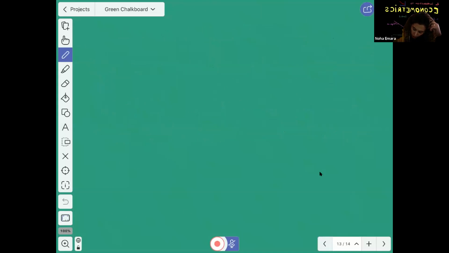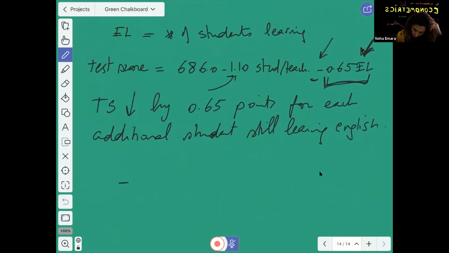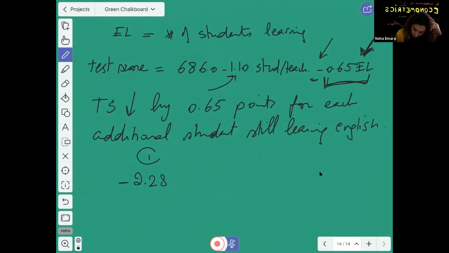So I need to compare: here the student-teacher ratio was negative 2.28, and let's call this model 1. In model 2, I'm going to call this equation model 2, the student-teacher ratio actually dropped. Its impact has dropped to negative 1.10.